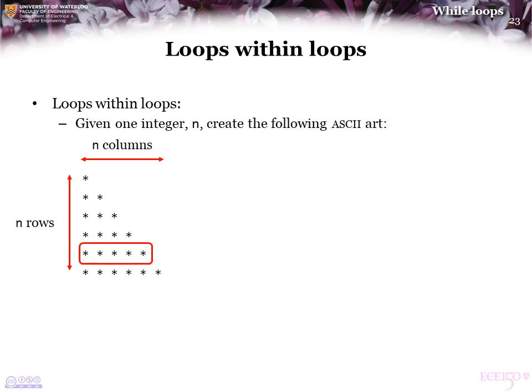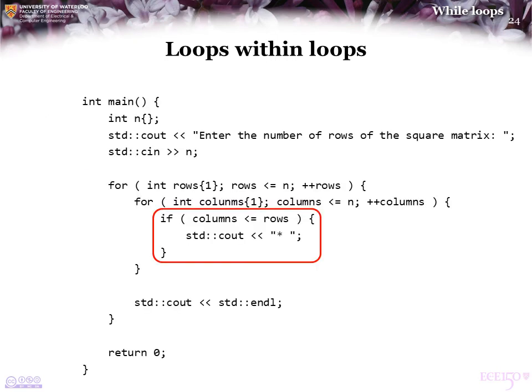So therefore, we could do this by including a conditional statement in the inner for loop. So we will only print an asterisk followed by a space if the column we are in is less than or equal to the row that we are currently in.